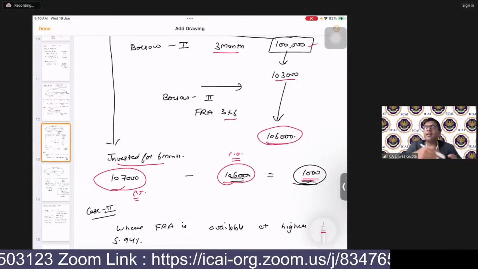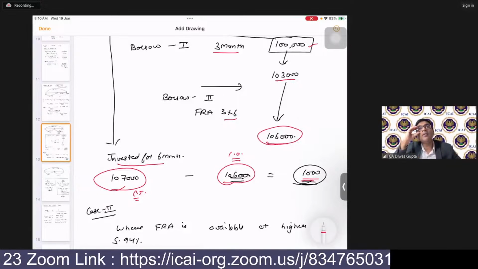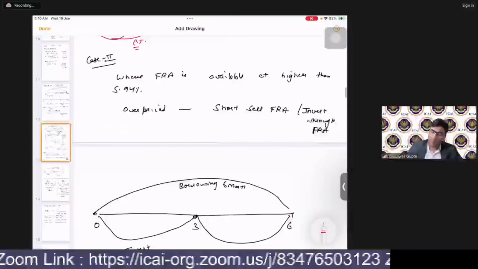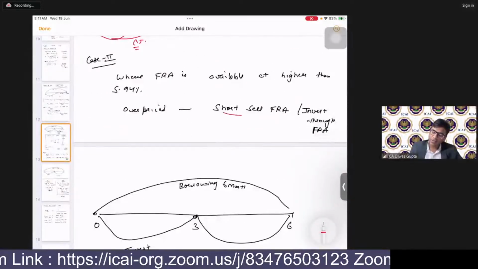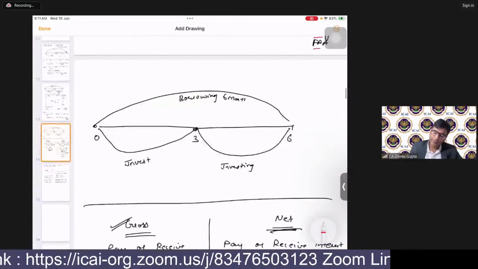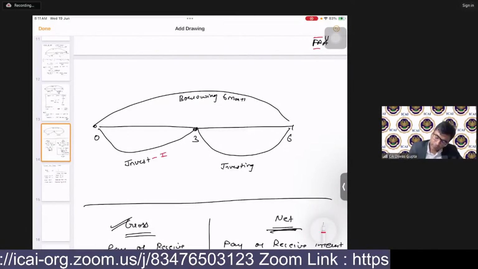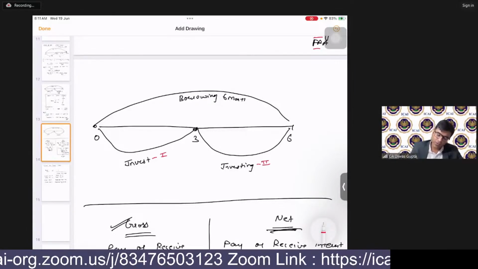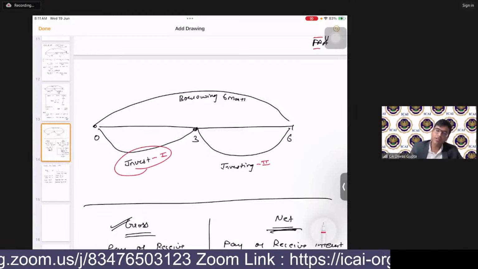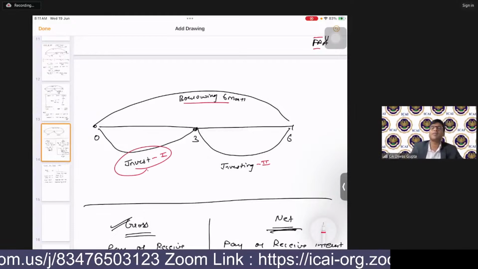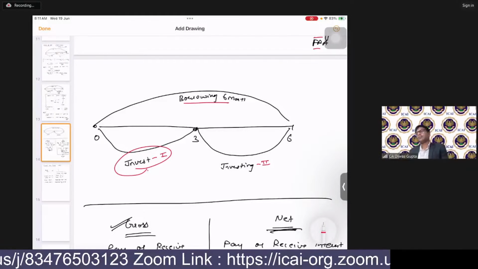So you sell FRA. You sell FRA means you have a short position in FRA. Short sell FRA, invest through FRA. Now, the moment you do this, in FRA you are investing. So 0 to 3 months also you need to invest. And for 6 months you need to borrow. Okay.